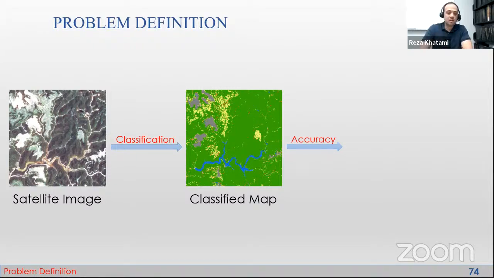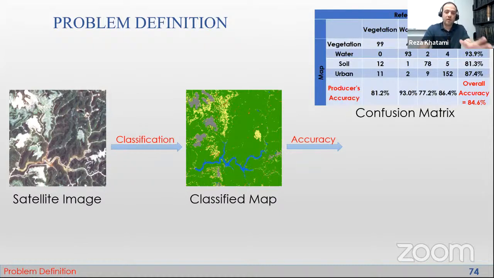So I just want to show another piece of our work. The estimation of the error matrix is not the end of accuracy assessment. So we estimate a confusion matrix, but confusion matrix and summary measures such as overall accuracy do not provide any information on the distribution of the error.